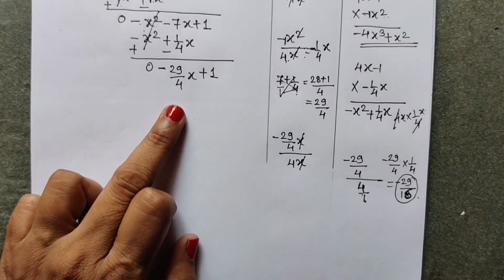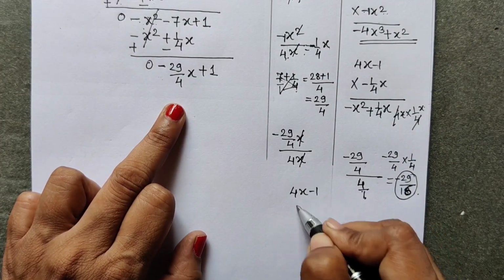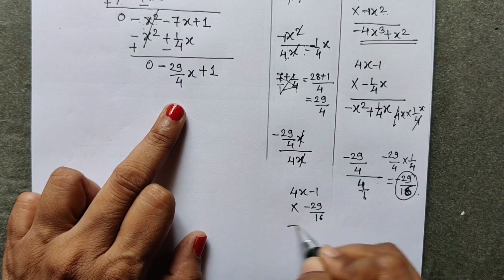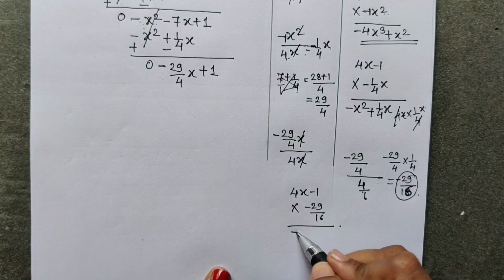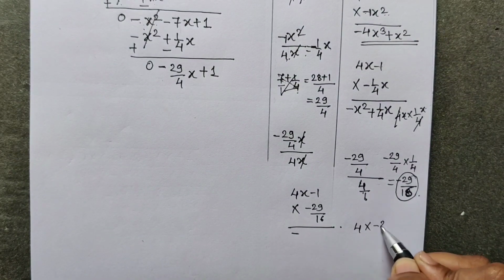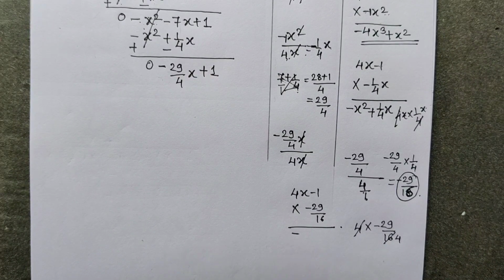Now what we have to write in the dividend, that we have to check. 4x minus 1 multiplied by minus 29 upon 16. Sign will be minus. 4 multiplied by minus 29 upon 16. 4 1s are 4, 4 4s are 16.